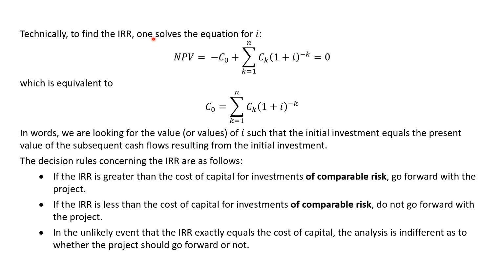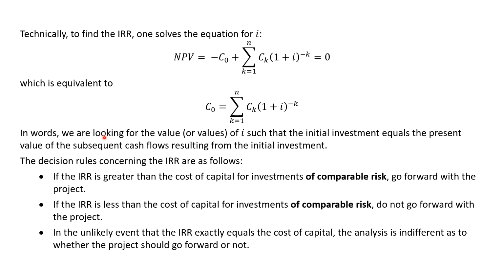And what we want to do here to find the IRR is to set this equal to 0, or equivalently, bring this C sub 0 onto the other side, and then solve for I, which is not easy to do manually. You need an algorithm to do that, and such exist in, for example, Microsoft Excel, which can do this.